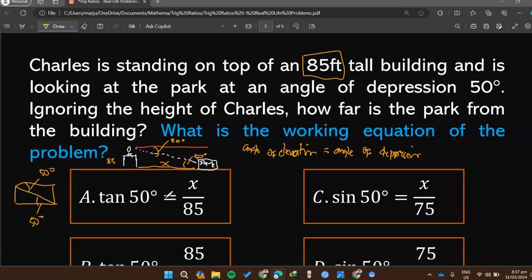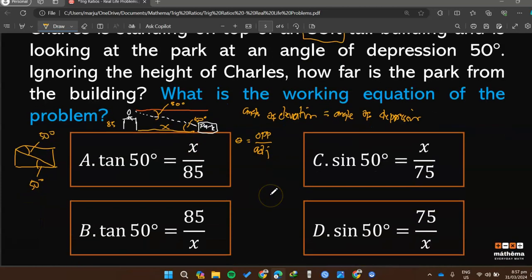And then what will be our working equation? We have this angle equals the opposite over the adjacent. So what trig ratio is this?